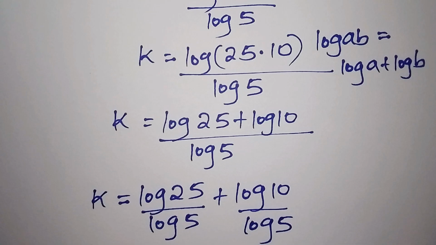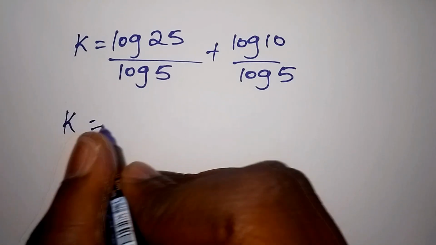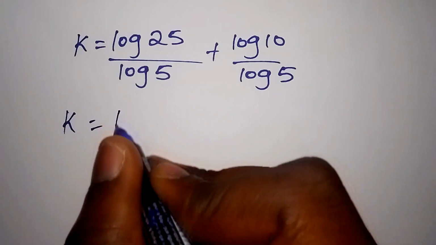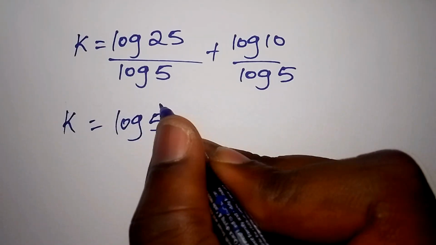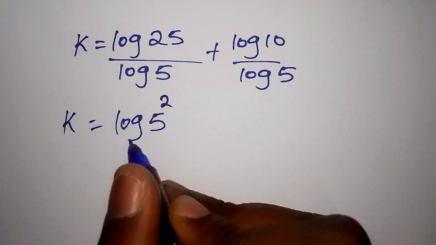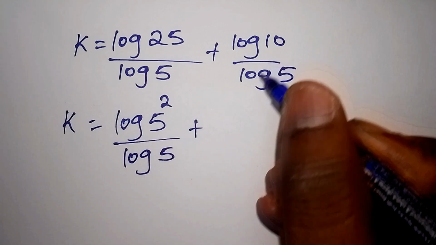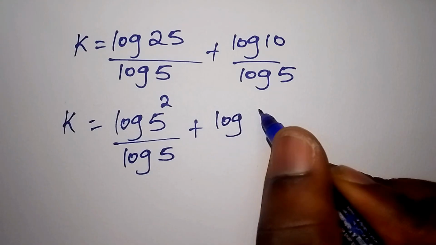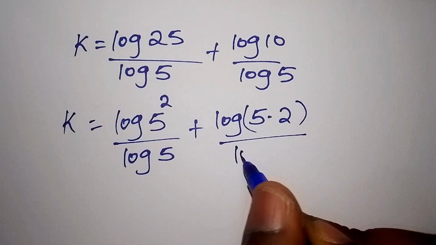The log of 25 can be written as the log of 5 multiplied by 5, that is 5 to the power of 2, all over the log of 5, plus the log of 10, which can be written as the log of 5 multiplied by 2, all over the log of 5.